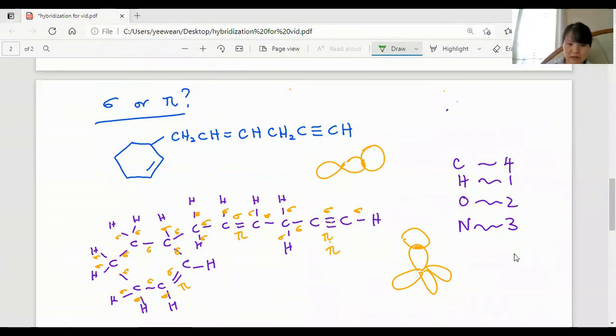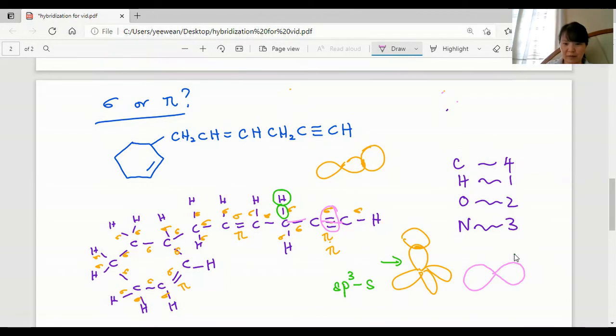Let's see what overlap is this bond. So this carbon has 4 bonds, so it is sp3. So it's the sp3 overlapping the s from the H. What overlap is this? Since it has 2 bonded pairs, they're linear, so its hybrid is a huge sp here.